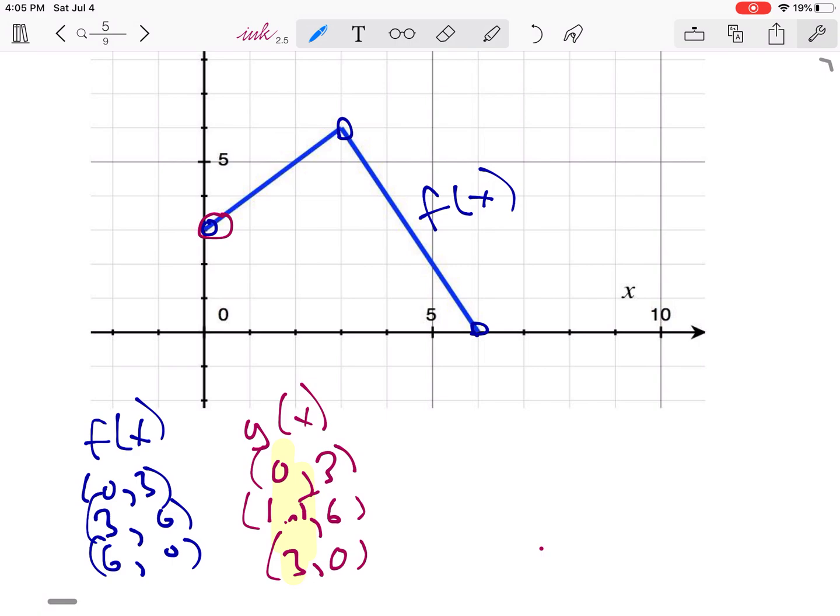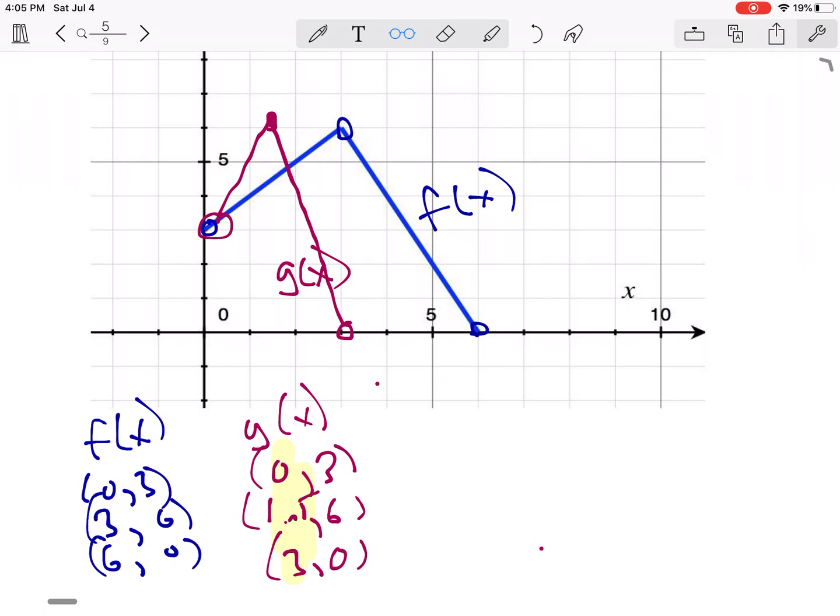Then you've got (1.5, 6), which would be up there, and then you've got (3, 0), which would be right here. So that would be your g(x). Just be aware of that: the multiplier of 2 means that you're dividing by 2.